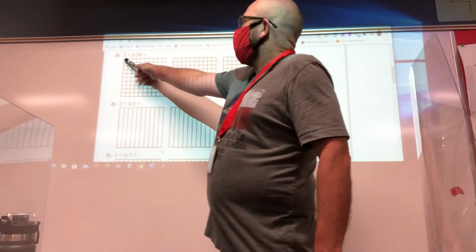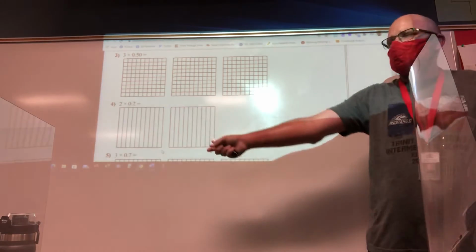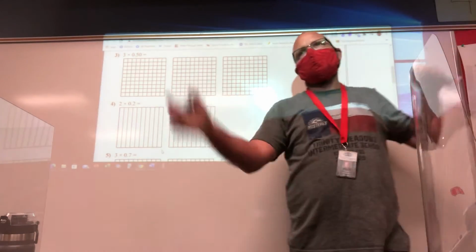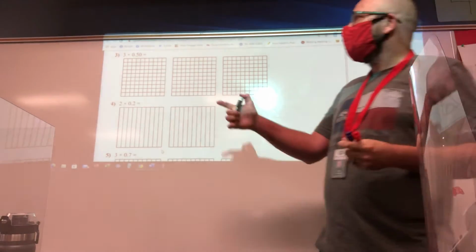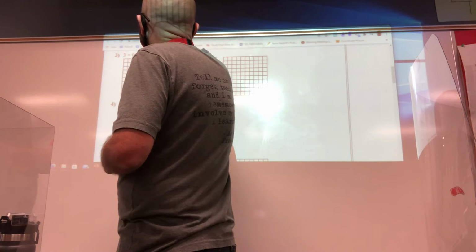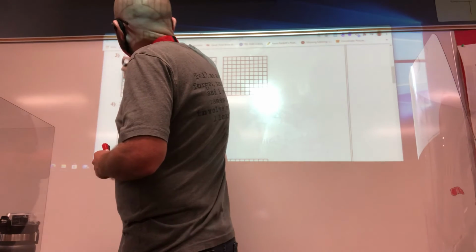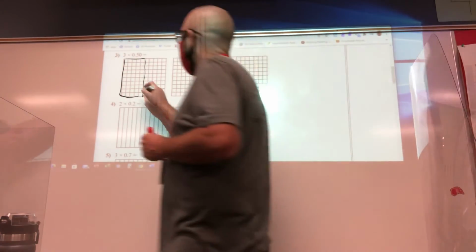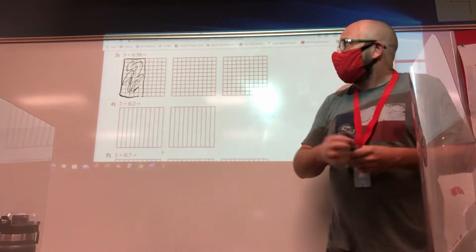All right, 3 times 50 hundredths. Anybody know what 50 hundredths might also equal? 1/2. 5 tenths. 2 fourths. Okay, so 50 hundredths is a half of this. That means 50 of those little squares would be shaded in, and we need to do that 3 times.